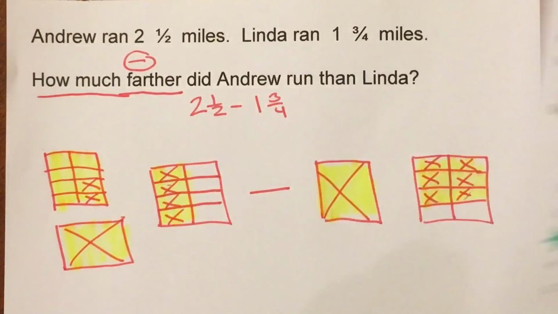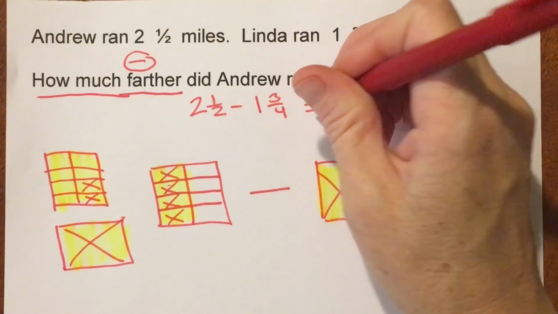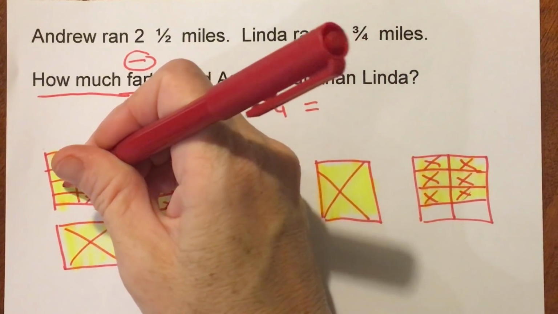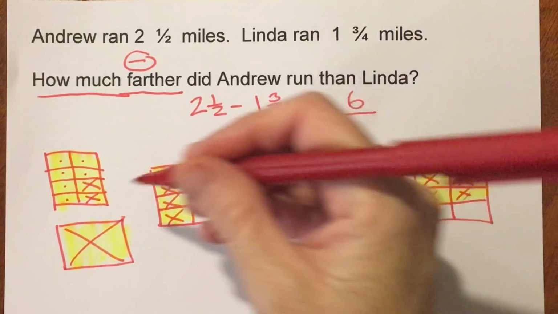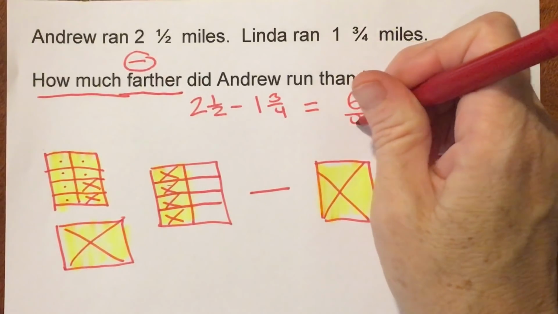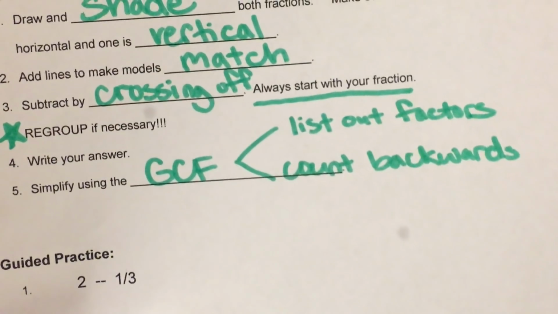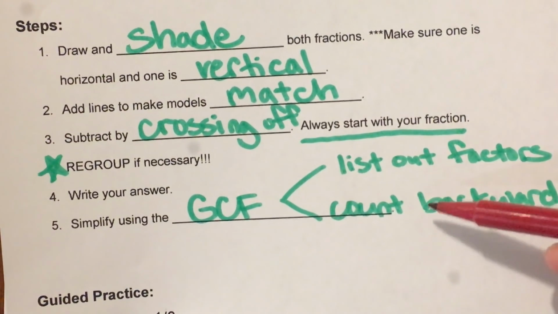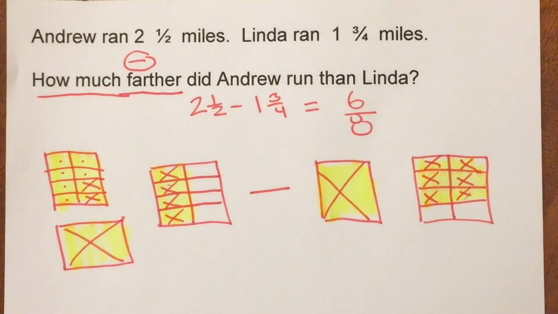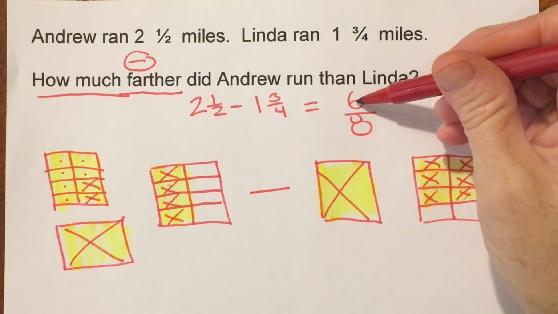It says to write my answer. Well, I'm left with no wholes, but I'm left with 1, 2, 3, 4, 5, 6 pieces out of the total 8. So that's my answer. Now I'm going to simplify using either listing out my factors or checking factors in my head. I like the in-my-head method, so I'm going to ask, is 6 the GCF?